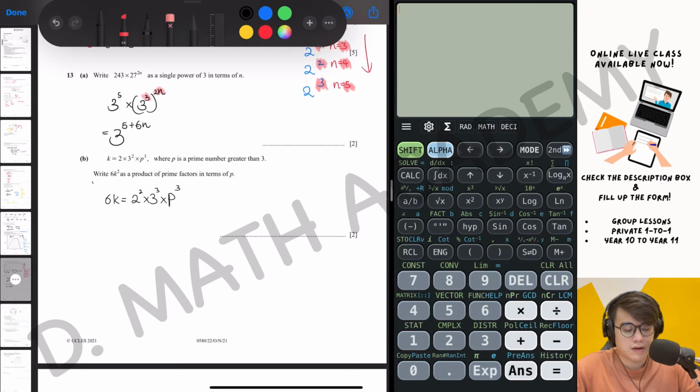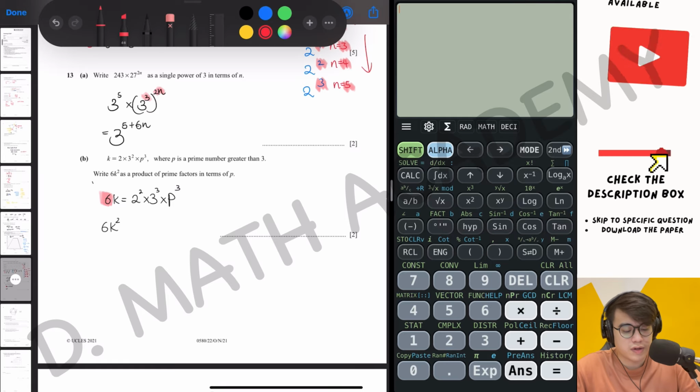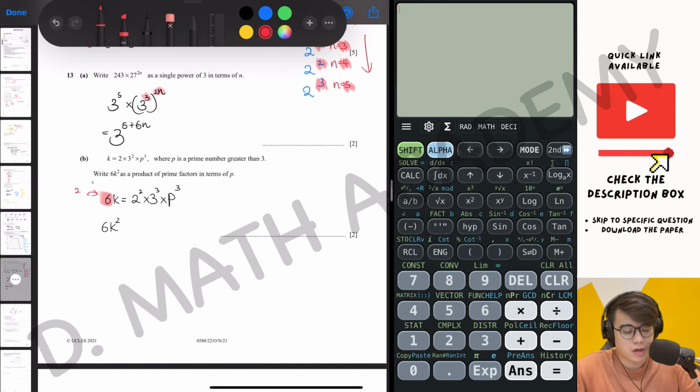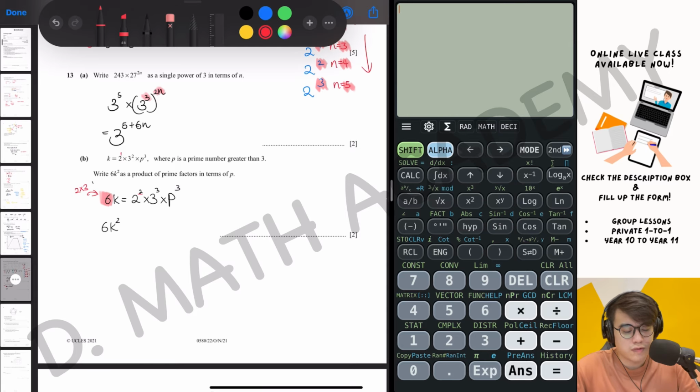And then if it happens to be k squared, I will highlight and point out all the details. Over here, this is another 2 times 3. That's why from this 1, it becomes 2. From this 2, it becomes 3.